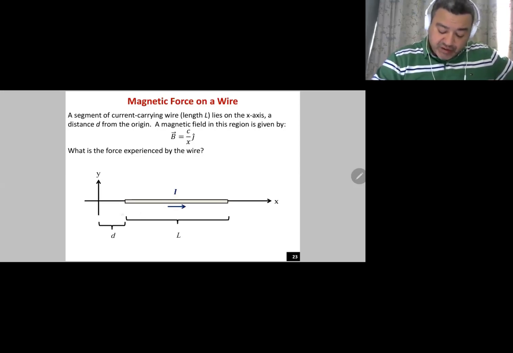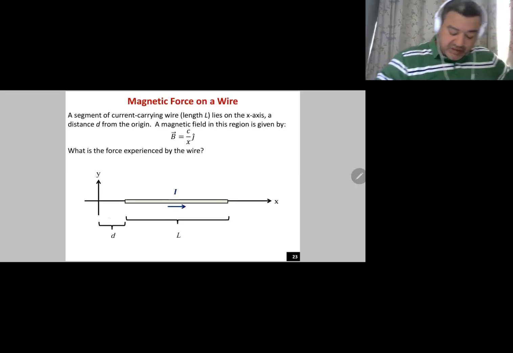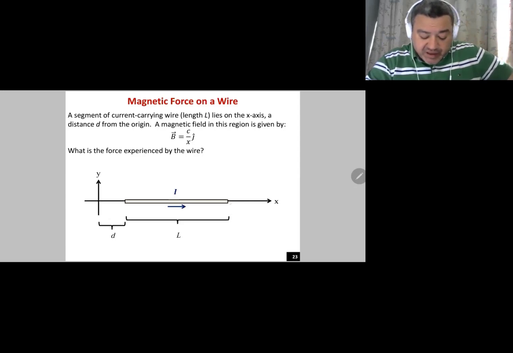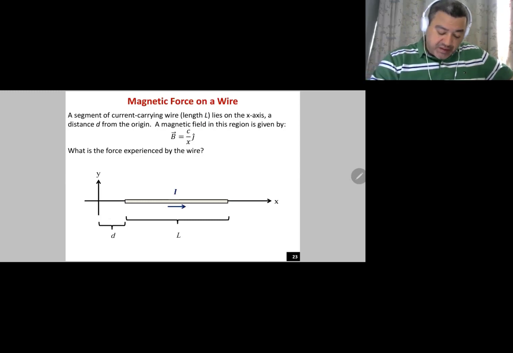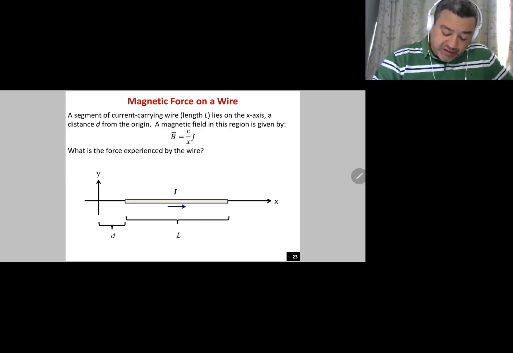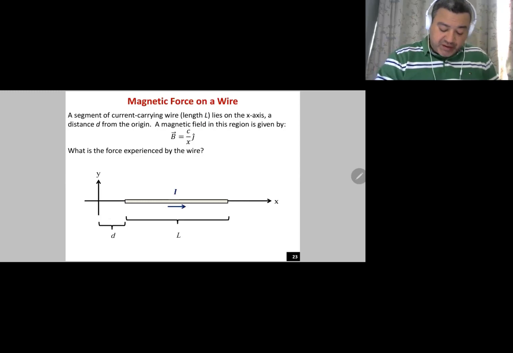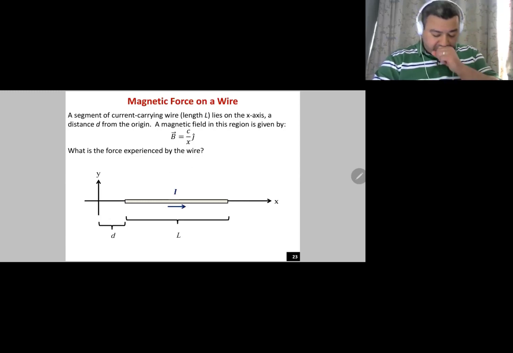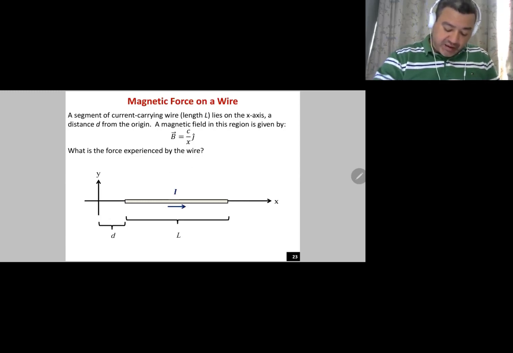The current is going in the positive direction, and the wire starts at x equals d and ends at x equals d plus L. We need to calculate the magnetic force due to this non-uniform magnetic field, given by C over x, aligned along the y-axis.